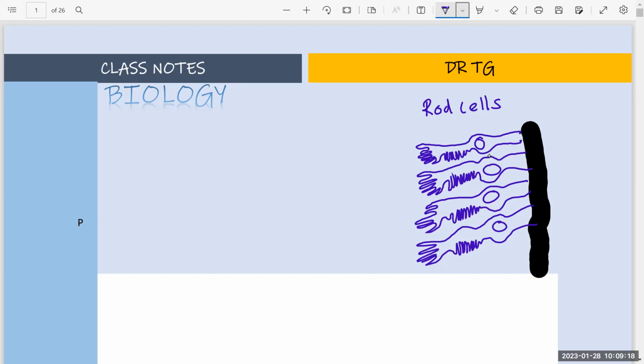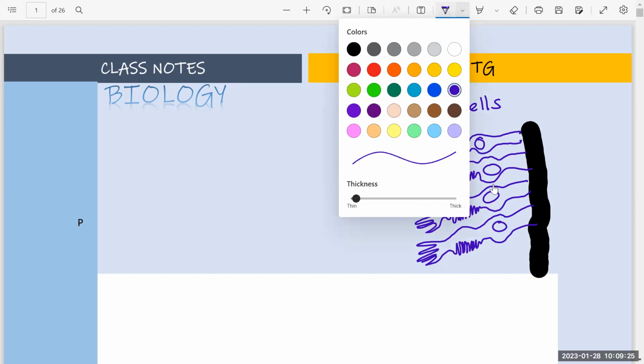So they are called bipolar cells, and they are sitting in front of the rod cell, for example, like this.